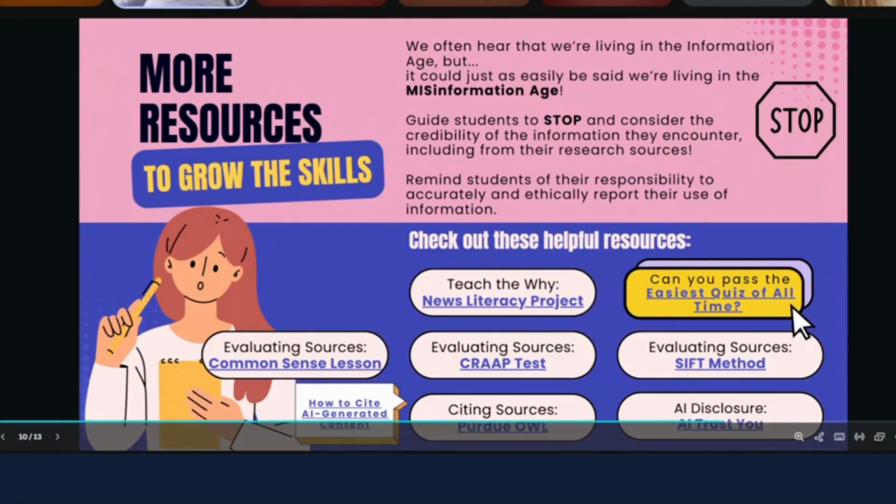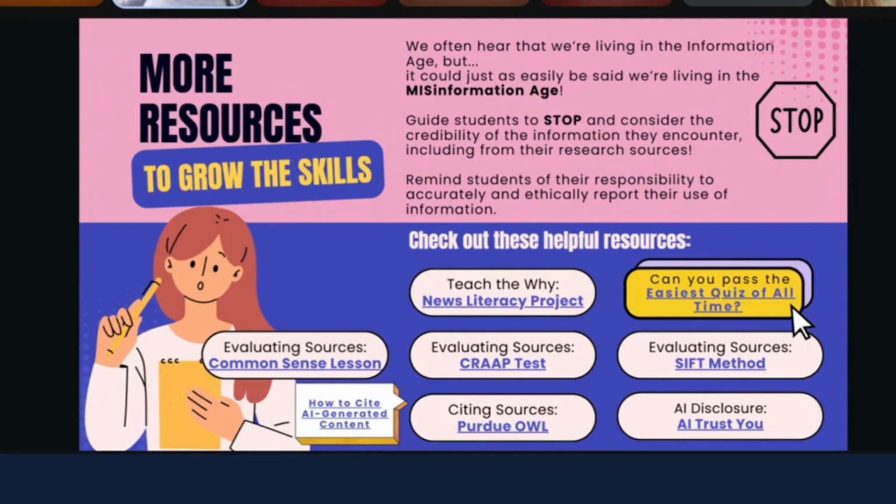So what I have shared with you here are just some of my favorites. But one is starting with the why and helping students understand this is why I'm asking you to evaluate your sources. We know that students need to see that to have buy-in and to be willing to engage.